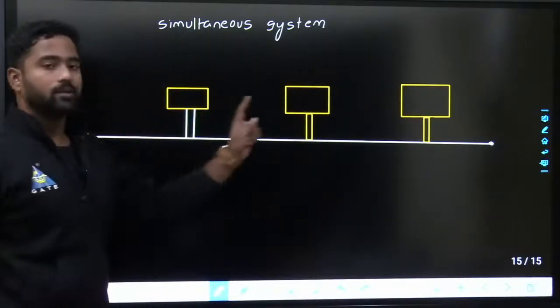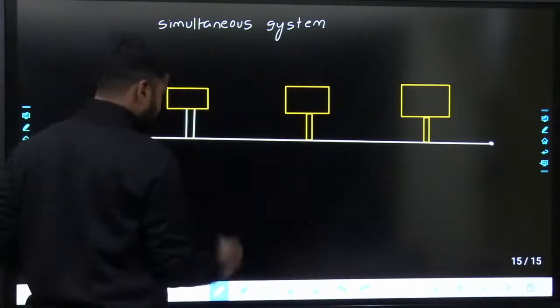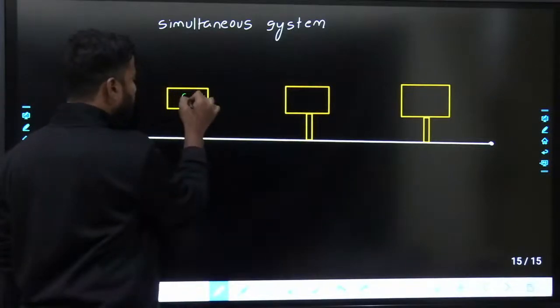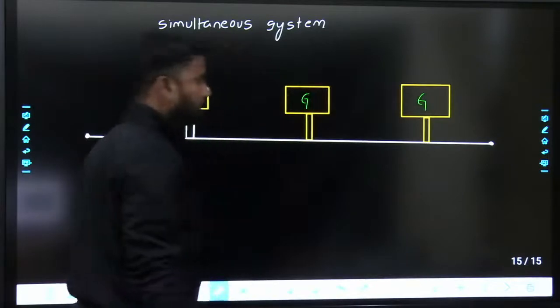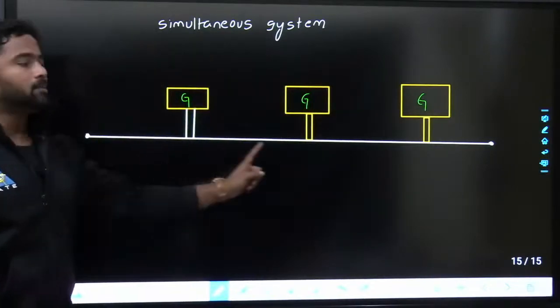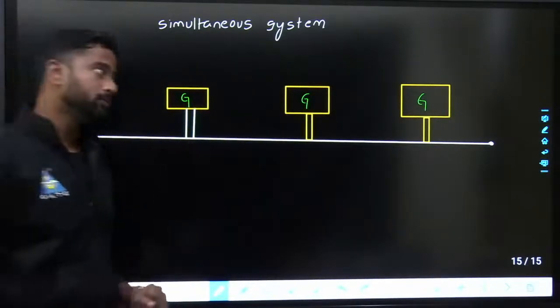At every place it will be showing green, green, green. That is the simultaneous system. Okay.